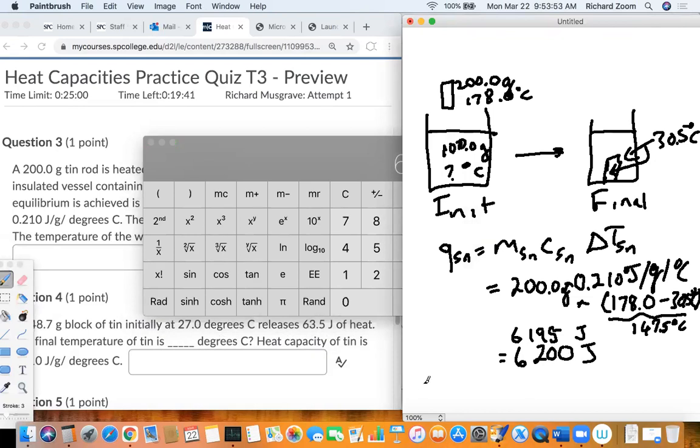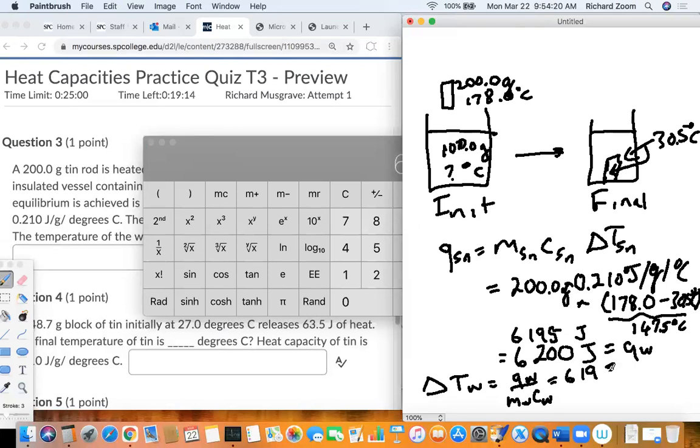All right, the next thing we need to do is figure out the change in temperature of the water. The delta T of the water is going to be the Q of the water divided by the mass of the water times the heat capacity of the water. But the heat released by the tin is going to be the same as the heat gained by the water, which is 6200 joules or 6195 joules.